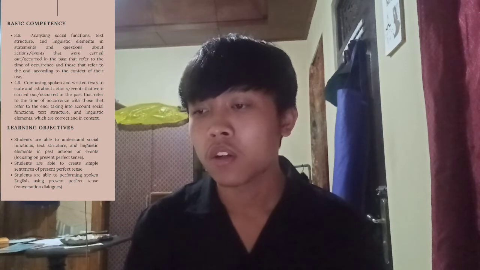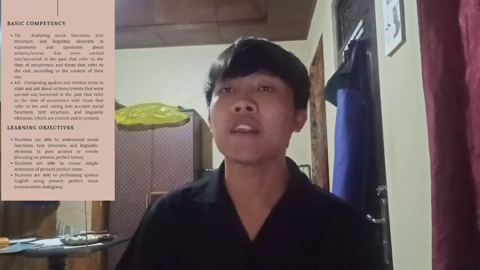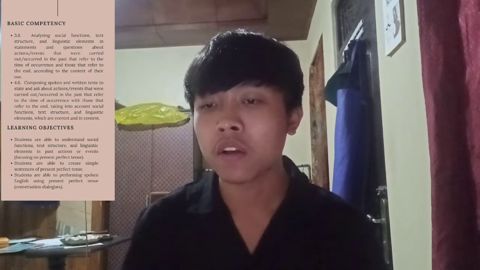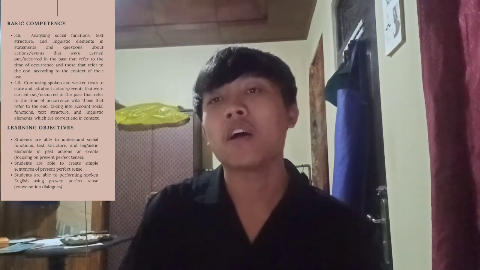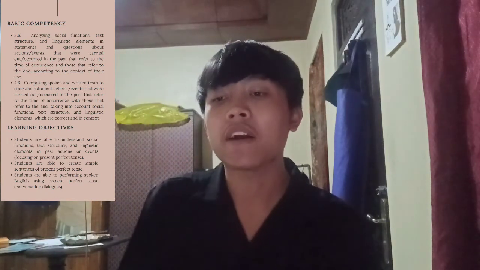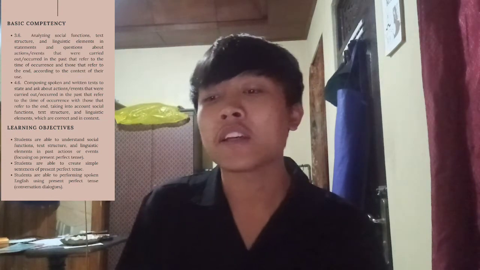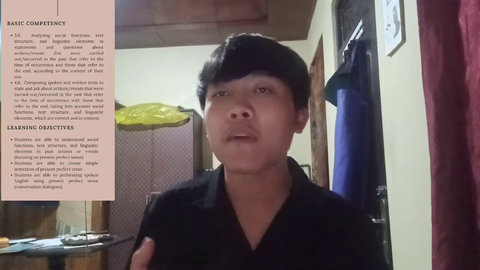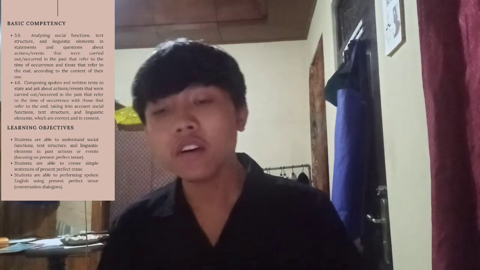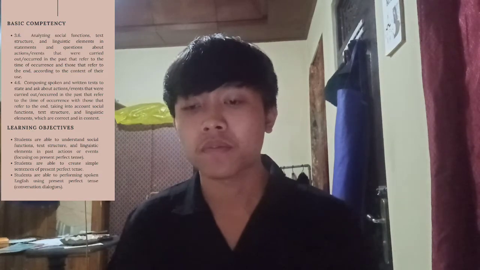Here I have the basic competences, as you can see on the screen, and then I provide the learning objectives. So the learning objectives are, the first one is students are able to understand social function, text structure, and linguistic element in the past action or event, focusing here on the context of present perfect tense.